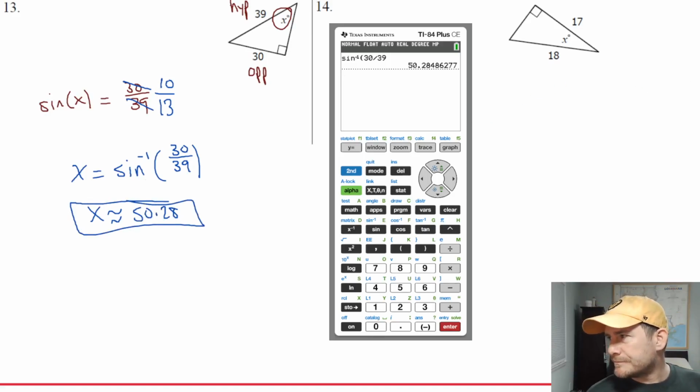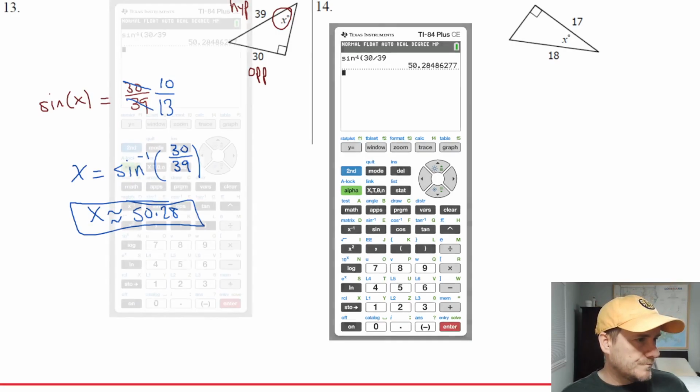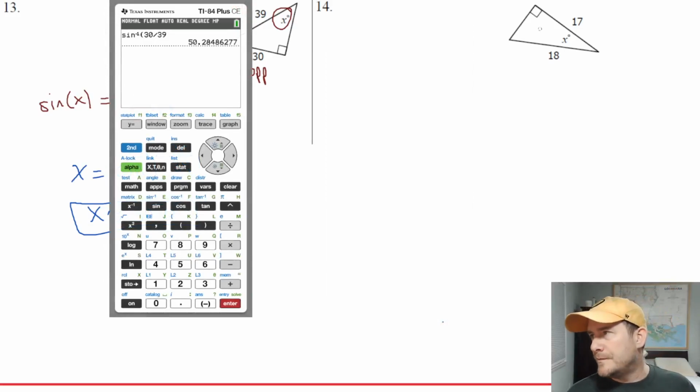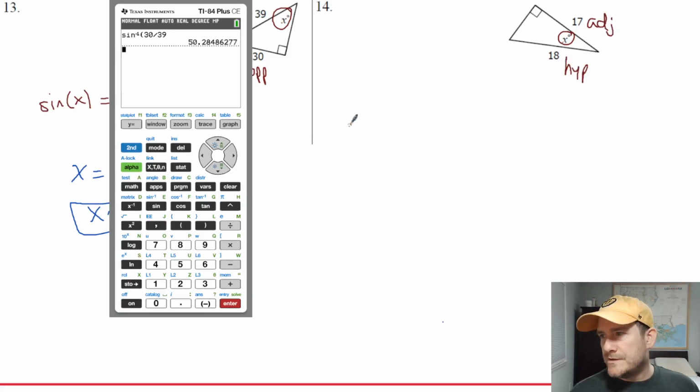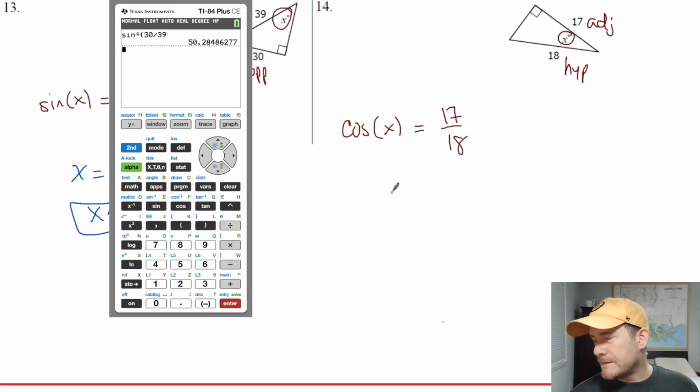Okay, and then in 14, we'll approach it the same way. So I see x. I see that I have an adjacent side and a hypotenuse. So that's a cosine equation. We'll say that the cosine of x equals 17 over 18.